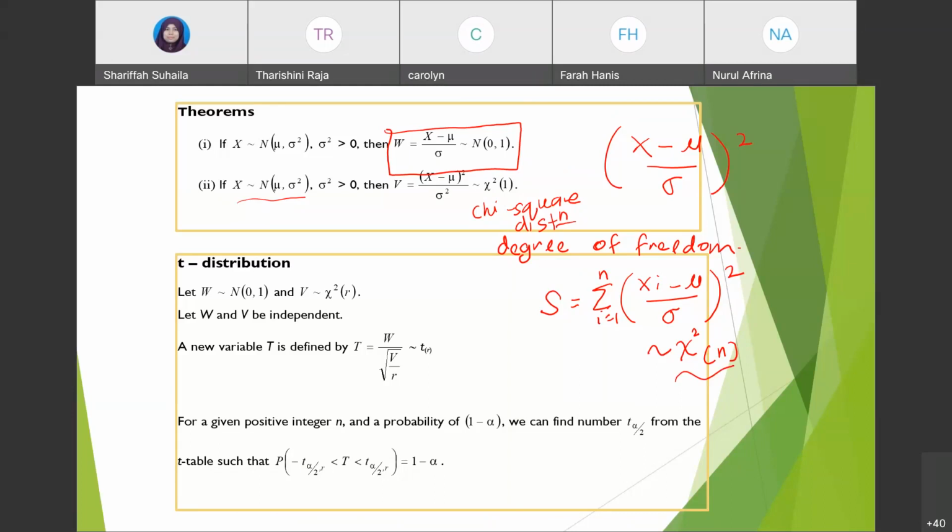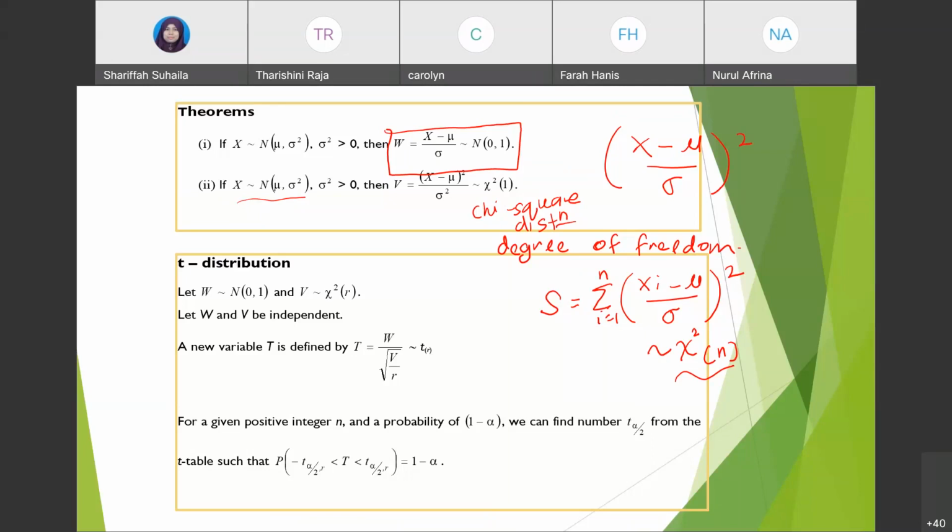Okay, so this is how you want to construct T distribution. Okay, kalau T distribution, it is actually a combination between standard normal distribution and also chi-square distribution. Okay, let's say if we have random variables W and V, and they are independent. Okay, independent, that means the probability you can multiply and so on lah.